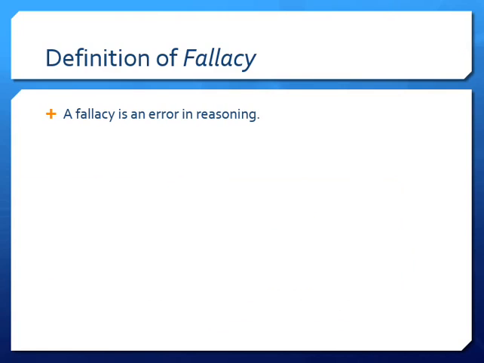Reasoning is how a problem, issue, or topic can be argued. In other words, reasoning has to do with thinking inductively or deductively to make and support a claim. But fallacies occur when there are failures of reasoning and thinking.